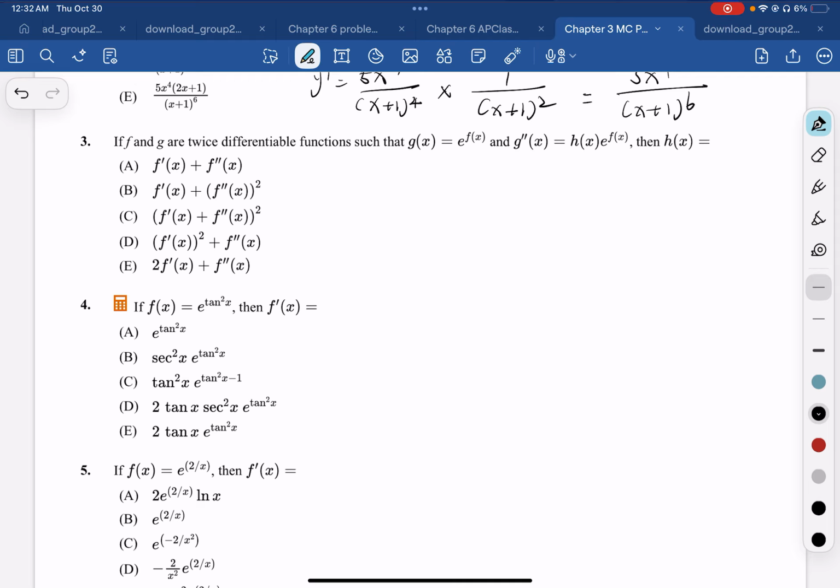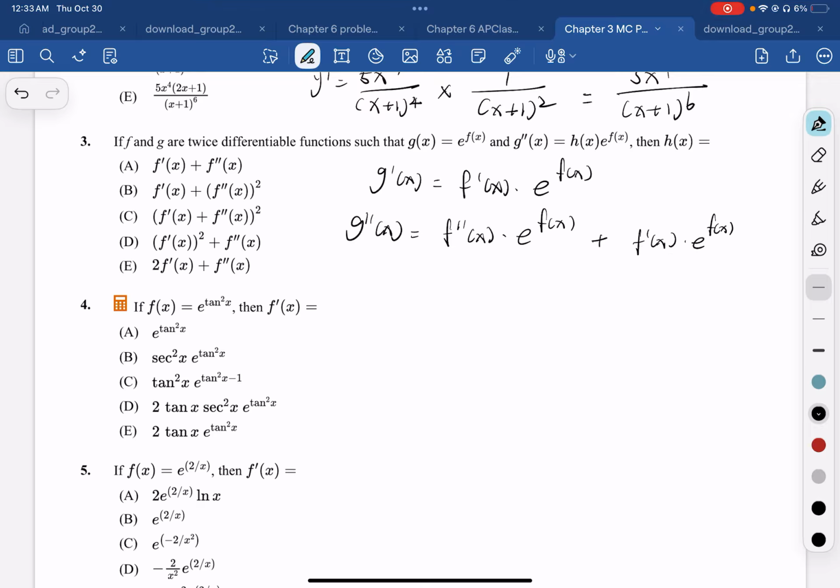So we do the double prime of g of x, so we do the first derivative of g of x, g prime of x equals f prime of x times e raised to f of x, and g double prime of x equals f double prime of x times e raised to f of x, and plus f prime of x times e raised to f of x, and times another f prime of x.